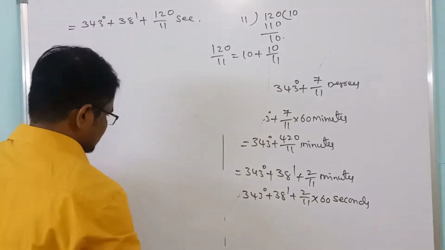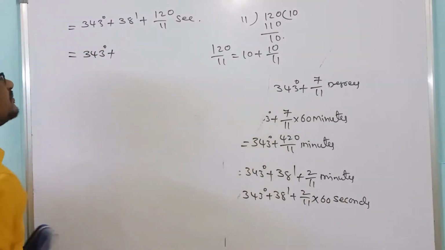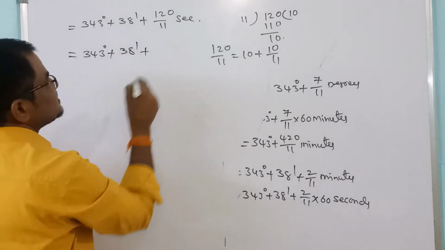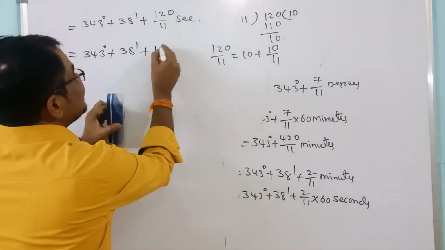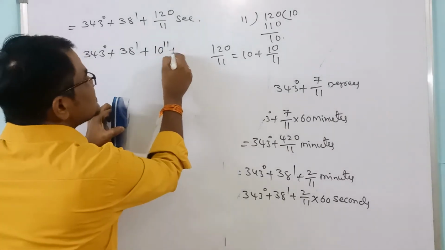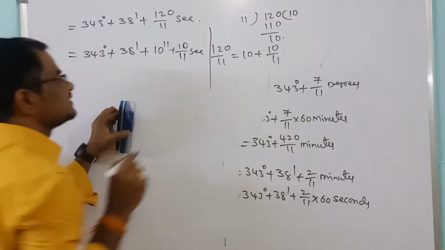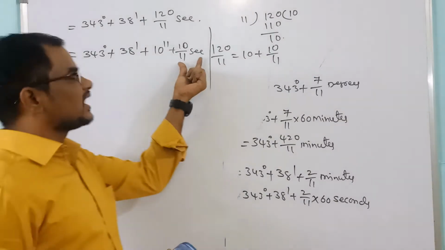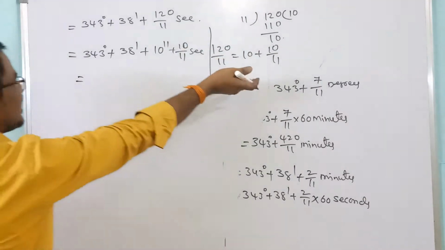Finally this can be written as 343 degrees plus 38 minutes plus 10 seconds plus again 10 by 11 seconds, right?